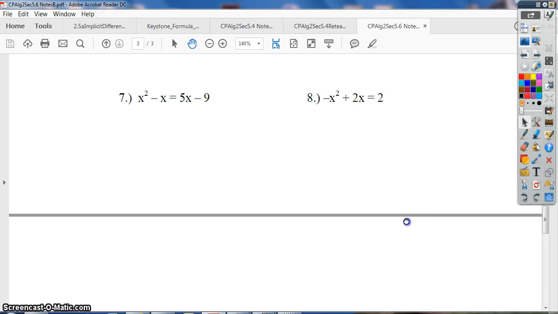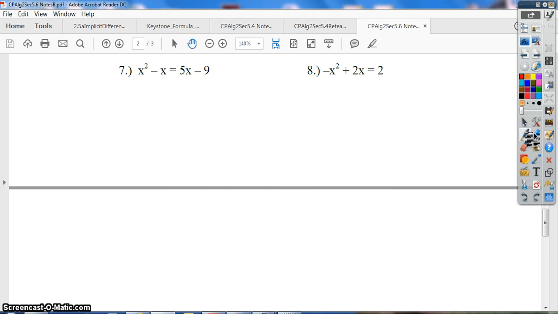Looks like we're down to our final 2. Okay, so first thing I'm going to do is set this equal to 0. I'll get x squared minus 6x plus 9 equals 0. It's a shame that we're doing quadratic formula because this is factorable. So we're going to follow directions. They said use quadratic formula. So this guy's going to be a nice one.